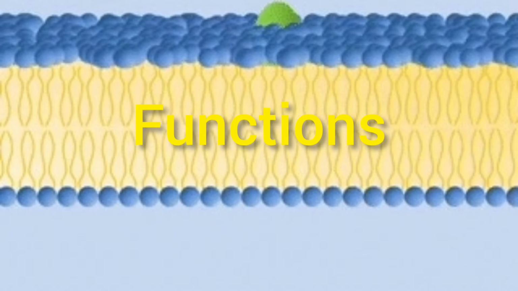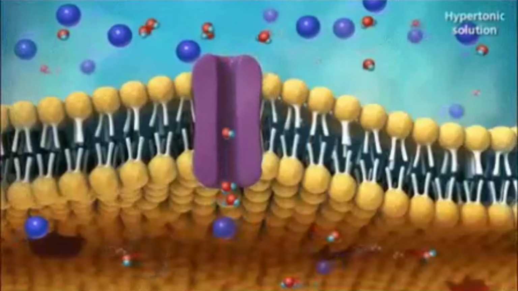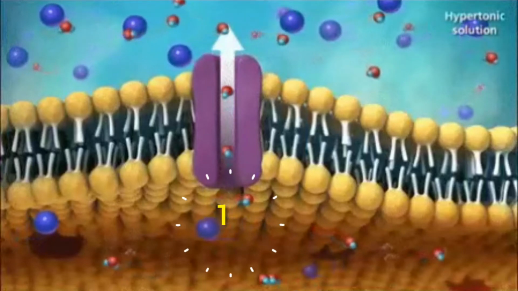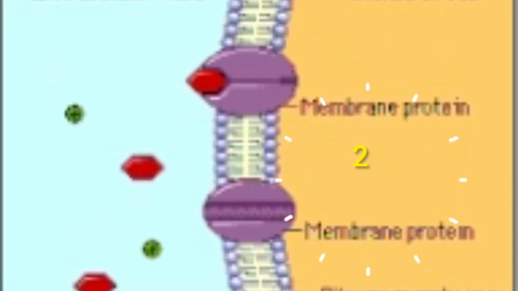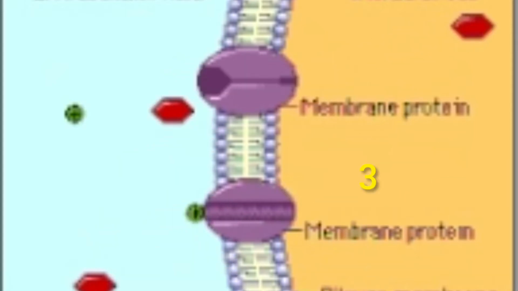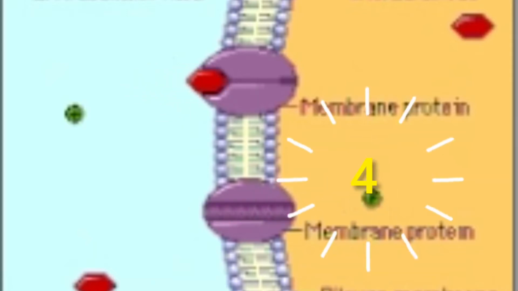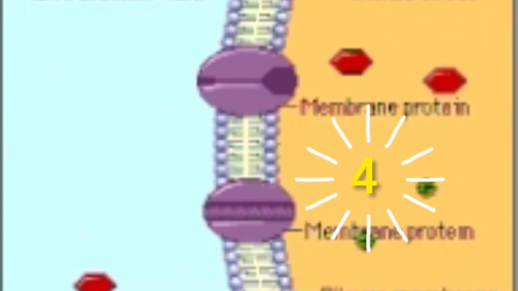Now let's discuss the functions of the plasma membrane. Individuality of a cell is maintained by the plasma membrane. The plasma membrane provides shape to the cell. It protects the cell from injuries. It acts as a channel between the inner cell materials and the surrounding outer environment.